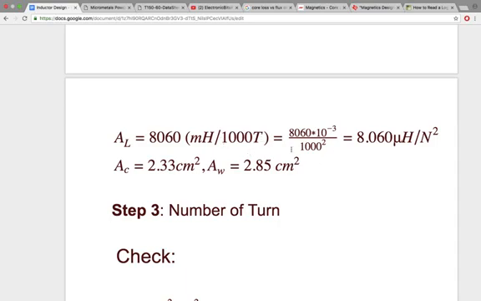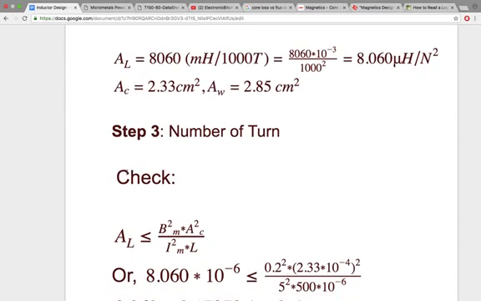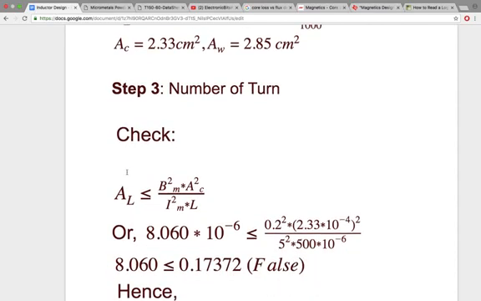But we know that in the denominator we have the number of turns squared, so we have to square it, and hence we get the converted answer as this. Ultimately we want to convert into Henry per turn square, so you can use this for conversion. Then the area of core and window area are given here.